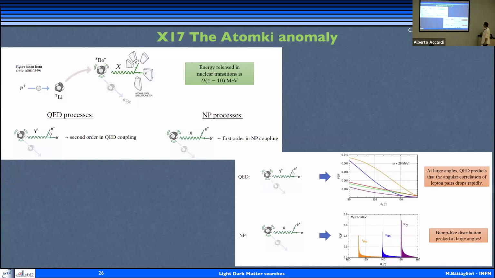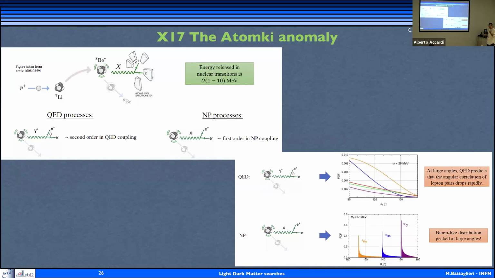You produce beryllium excited states that de-excite emitting gammas. And these gammas sometimes convert into e+ and e-, and you measure e+ and e-, okay? So standard, really basic nuclear physics, with a few MeV proton beam, very low energy.